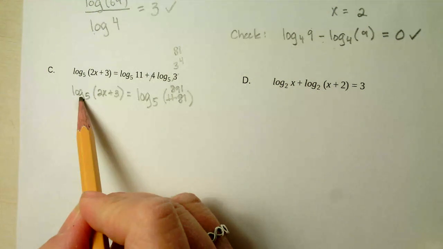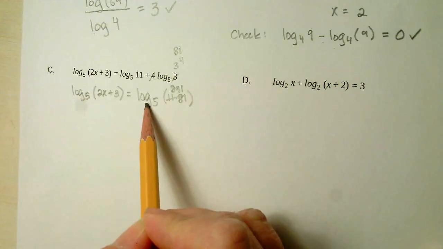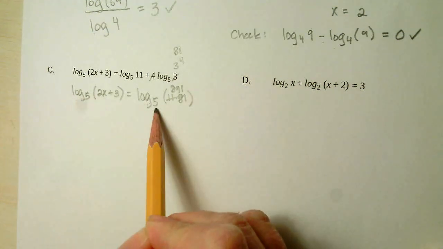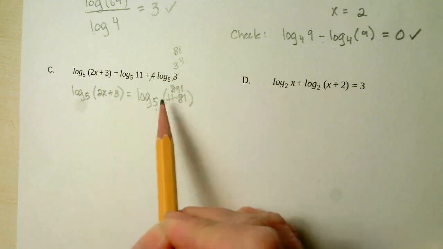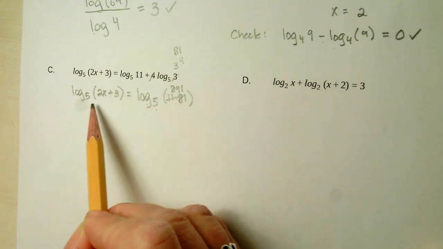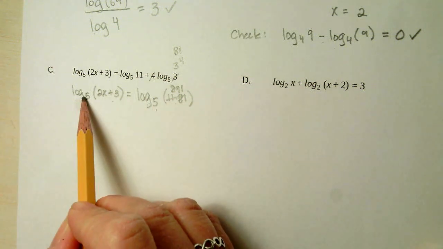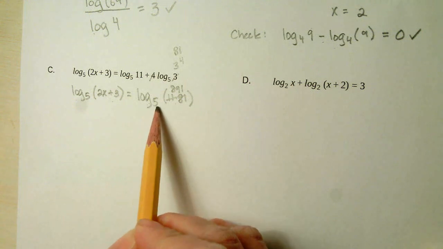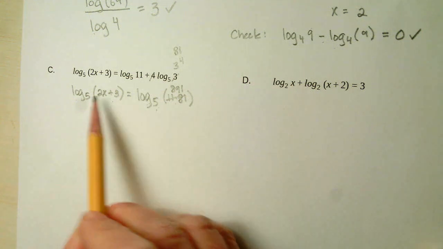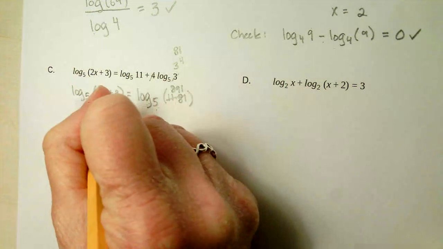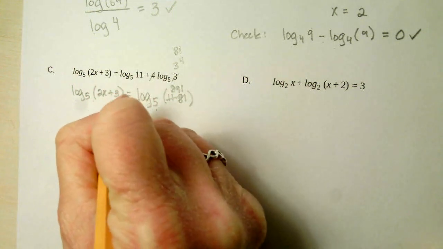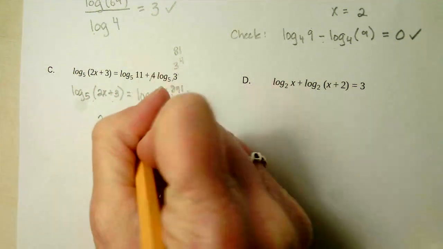But now I have log expressions on both sides of the equation to the same base. That means that their arguments must be equal to each other. So if the log expression is the same to the same base, then the arguments can be set equal together. So I have 2x plus 3 equals 891.